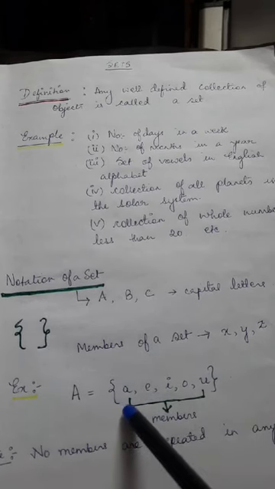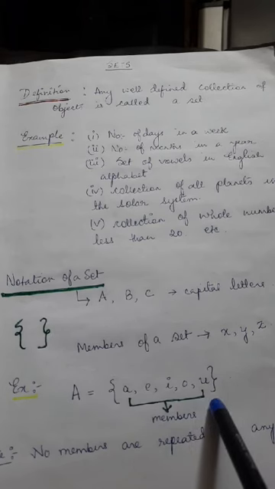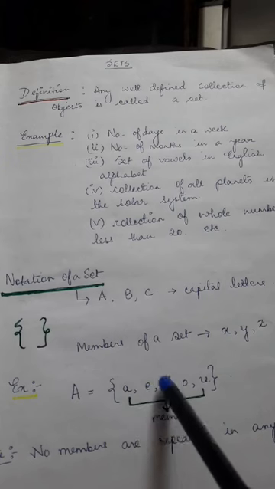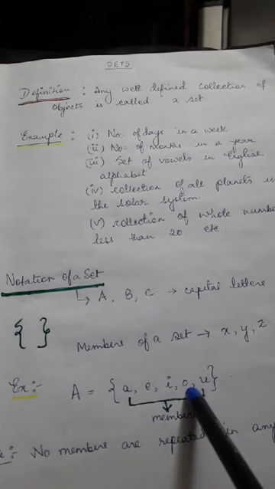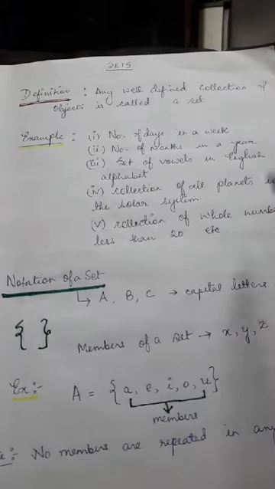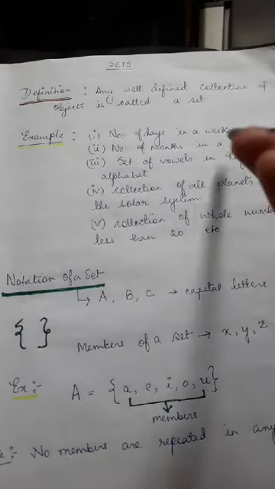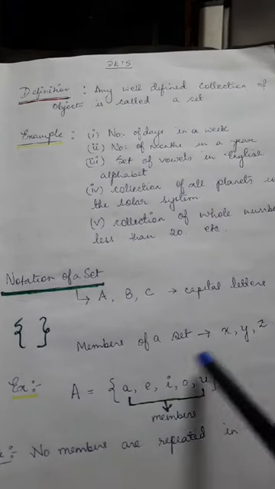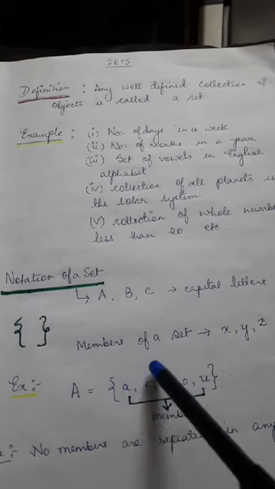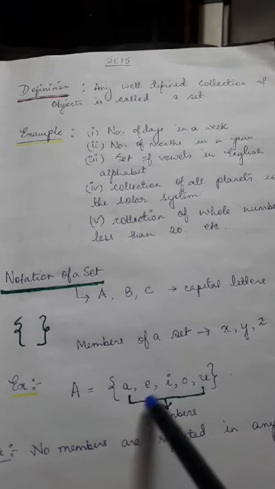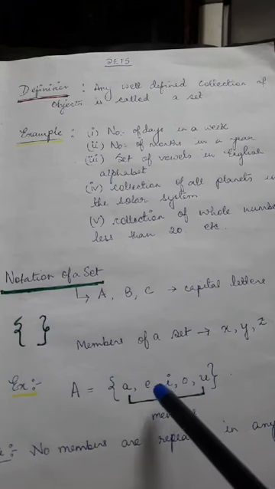A small example is the vowels of the English alphabet: A, E, I, O, U. They are all members of the set and they are separated by means of commas. So in a nutshell, this is the definition of a set and how we write a set: by means of curly brackets, with the members separated by commas.